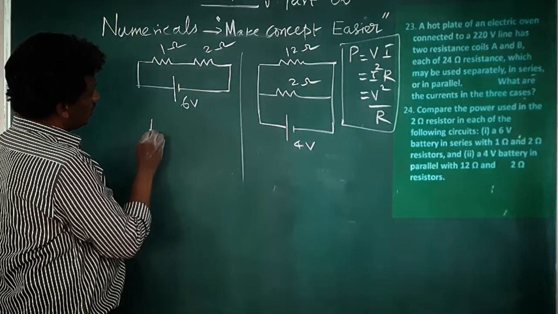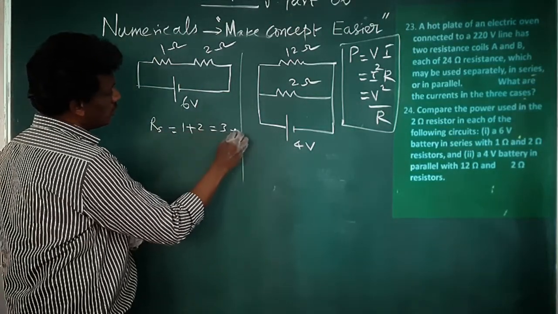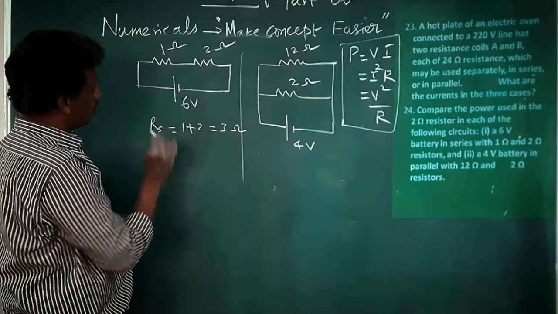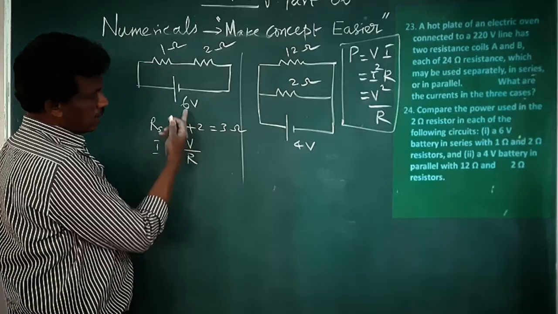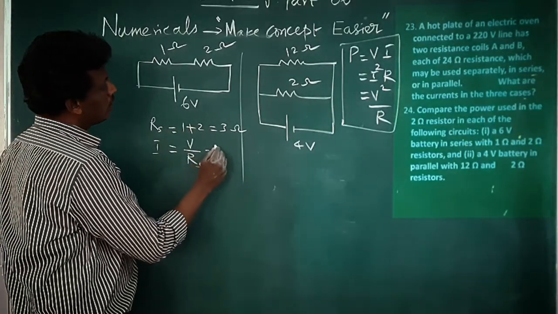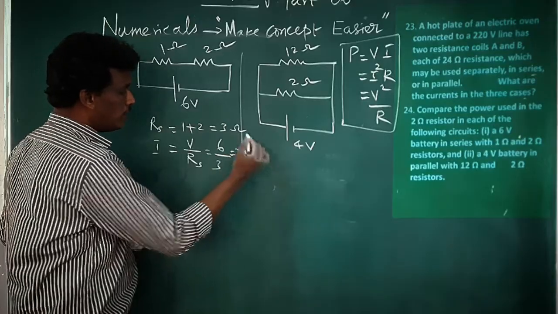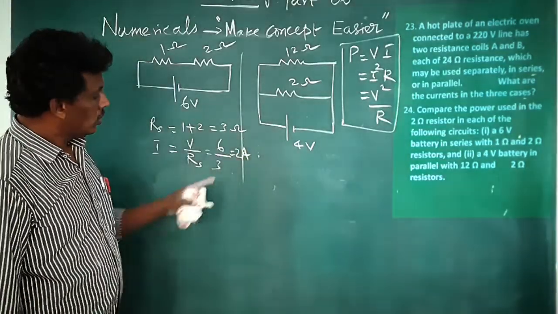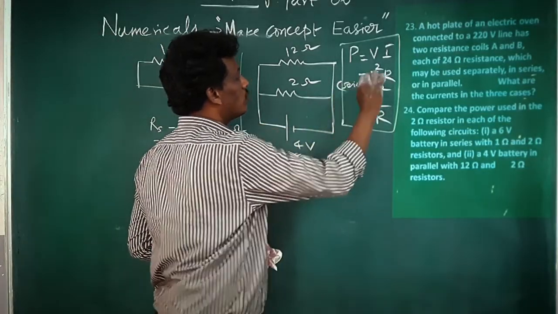So let us calculate the effective resistance RS: 1 plus 2, which is equal to 3 ohm. First you have to calculate how much I. I how much? V by R. Here R is nothing but series resistance. How much? 6 by 3, which is equal to 2 ampere. Then you can use the series combination formula.